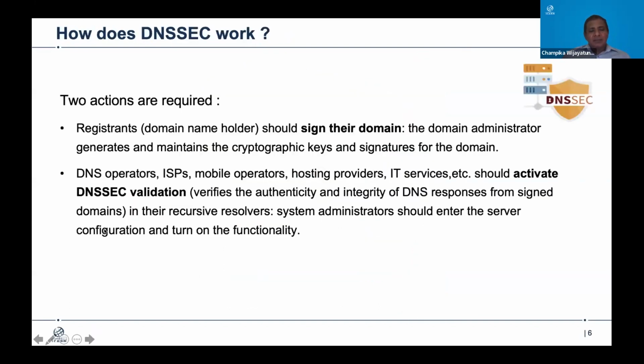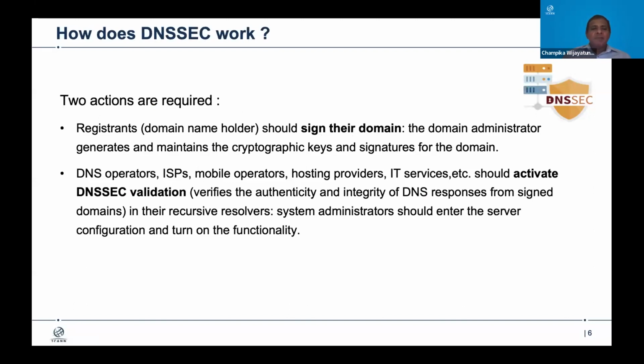So that is how DNS security gets operational. There are two aspects of DNSSEC when you think of the working aspects, right? So there are two things. One is signing the zones, right? Say, for example, if your organization has a domain, I'm sure if you're a business entity or any organization, you might have a domain name, right?